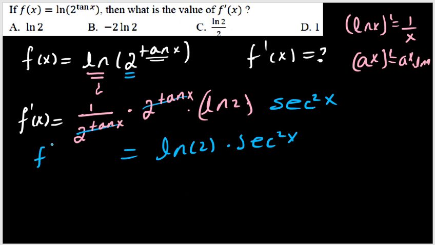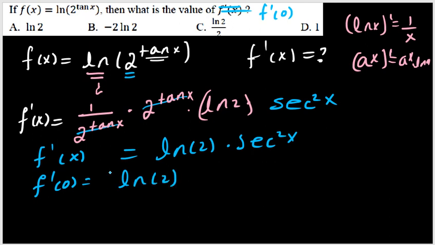This is the derivative of the function at x, but the question was supposed to be f derivative at 0, so we need to substitute 0 now. f derivative at 0 will be ln 2, which remains as it is because it is a constant. We need to substitute 0 only in sec squared of 0.